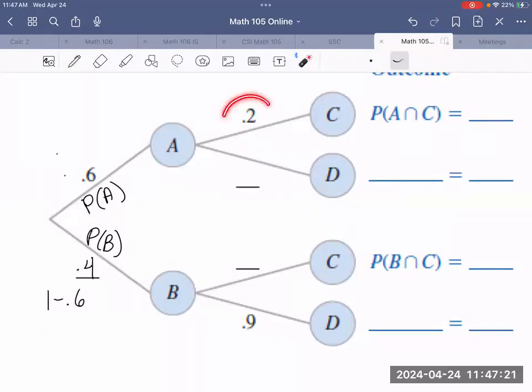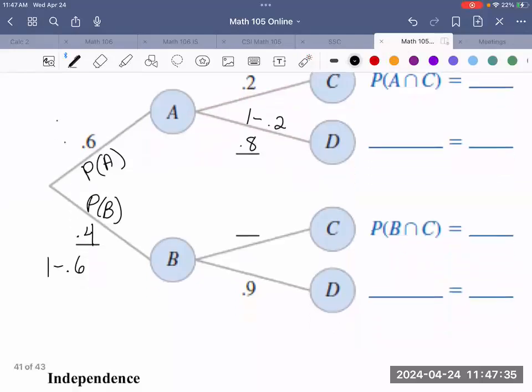The probability of 0.2 is going to be up here on this branch. So then this branch, as a result, 1 minus 0.2 is 0.8. And again, we've got 0.9, so 1 minus 0.9 is 0.1.